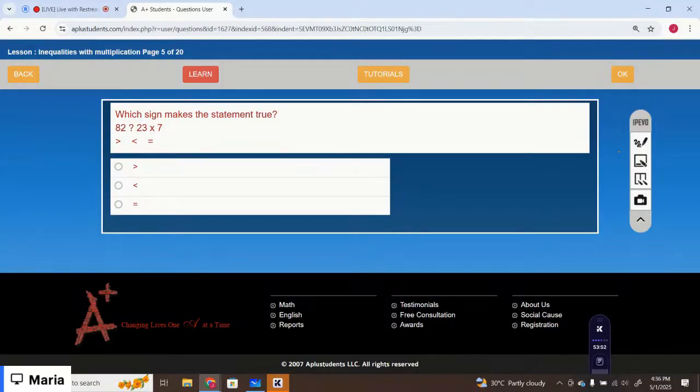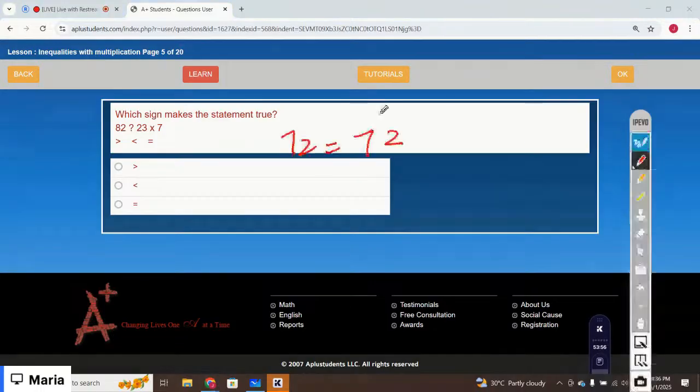Which sign makes the statement true? 7 times 3 is 21, and 7 times 2 is 14, 15, 16.